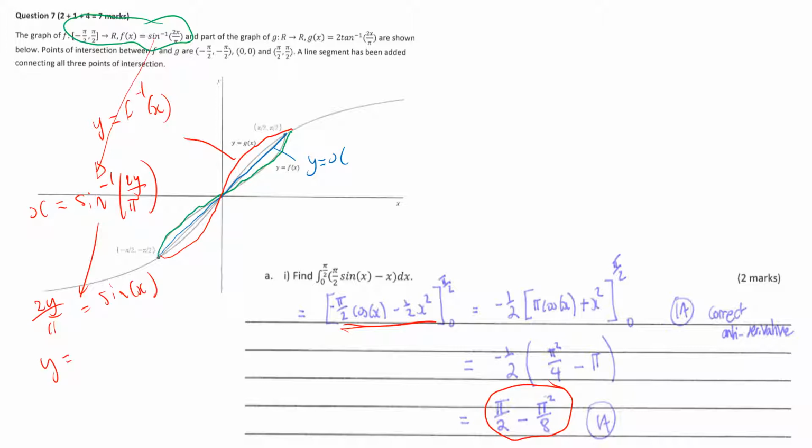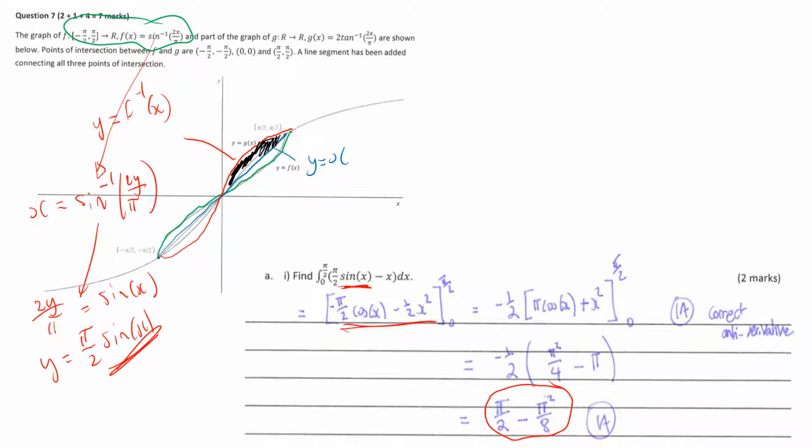Therefore, y is equal to pi on 2 sine x. So what area is this indicating by this definite integral? A lot of you hopefully would have come to the realization it's this area in here that I've just calculated in A part 1.